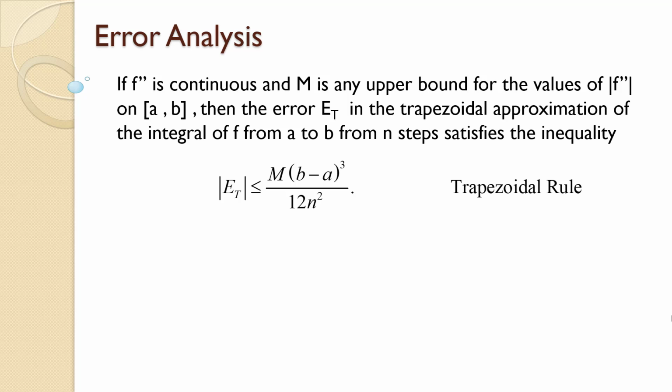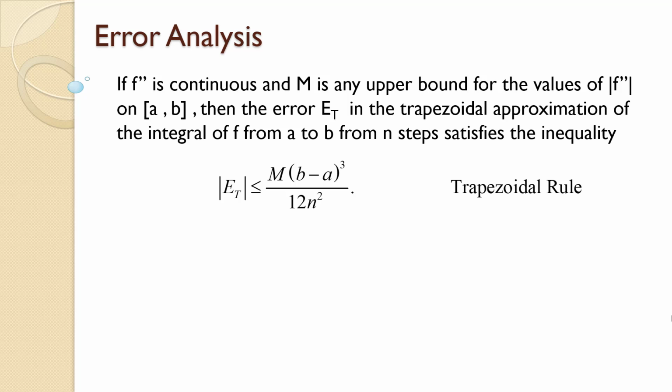If the function's second derivative is continuous and M is any upper bound on the values of the absolute value of the second derivative on the closed interval from a to b, then the error in the trapezoidal approximation of the integral of f from a to b using n steps satisfies the inequality that the absolute value of this error is bounded by M times (b minus a) cubed, divided by 12 times n squared.